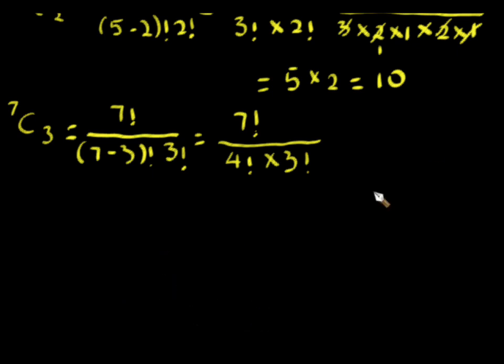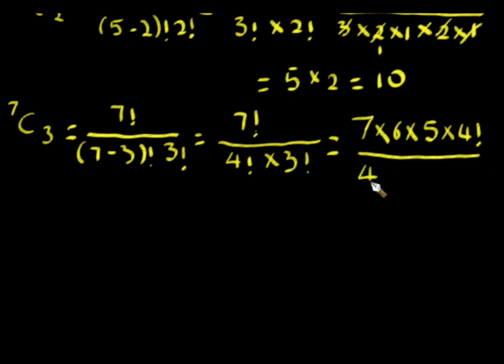So this gives us 7 times 6 times 5 times 4 factorial, divided by 4 factorial multiplied by 3 factorial.